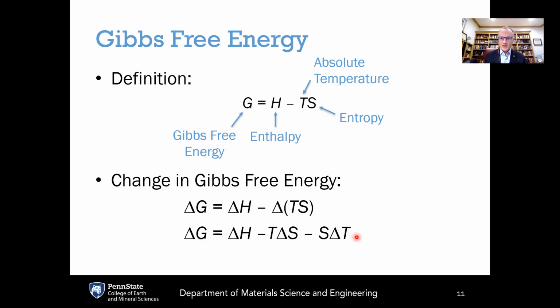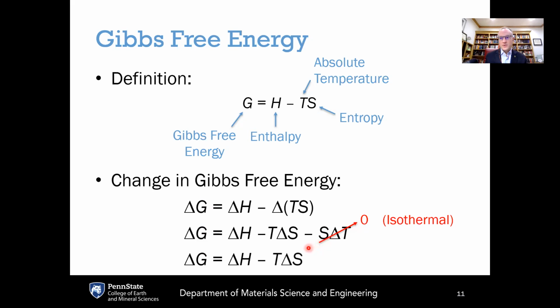Now, most of the time, we are operating under constant temperature conditions. That means that most of the time, this delta T is considered to be 0. And if that is considered to be 0 for isothermal conditions, then that term goes away.